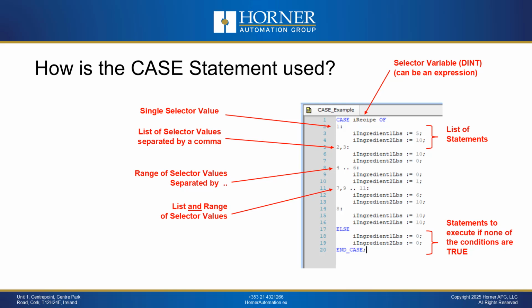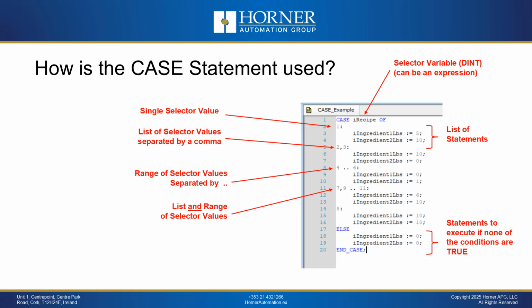Now it also supports a list of values separated by a comma and then a colon after the last value. It also supports a range of values where you have got the first value in the range and the final value in the range. In between those, you have got a couple of periods, and then you can also combine the list and the range for another case. If none of those values are met in the list at the top there, then you have got your else condition, which takes care of everything else.